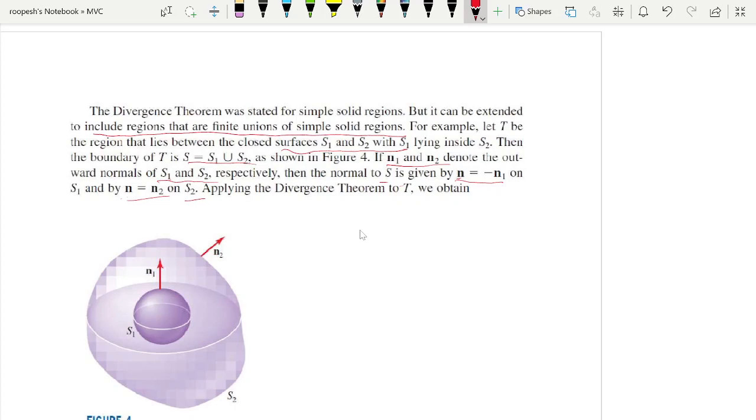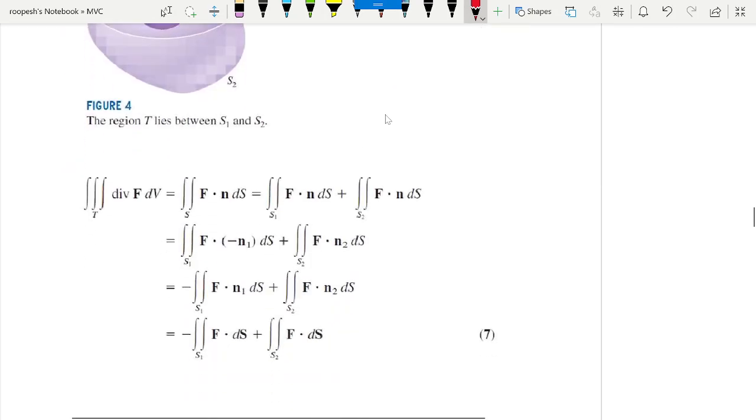Now, applying the divergence theorem to T, see this is the most important one, N equal to minus N1 on S1 and N equal to N2 on S2. Applying the divergence theorem to T, we obtain the triple integral of divergence of F dV equal to the double integral over S of F dot n dS, equal to the double integral over S1 of F dot n dS plus the integral over S2 of F dot n dS, right?